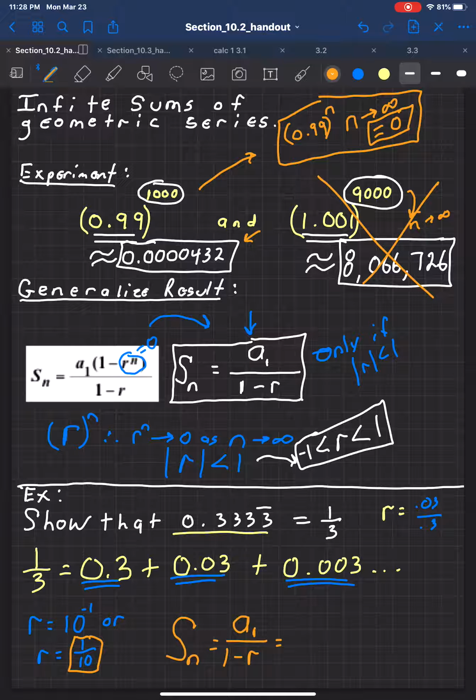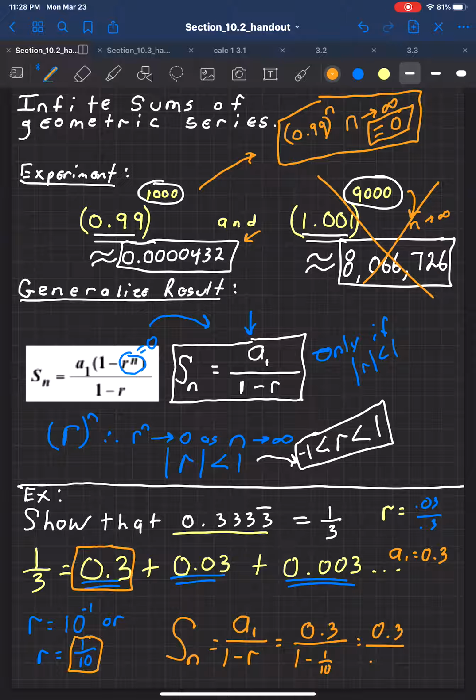So the first term in that sequence, a sub 1, is equal to 0.3. So let's plug it in. Ready? So that's 0.3 divided by 1 minus 1/10. Right? 1/10 is like a dime. So if you have $1 and you take away a dime, you have what? You have 90 cents.